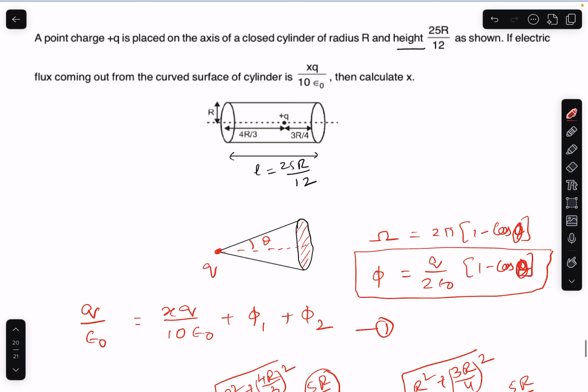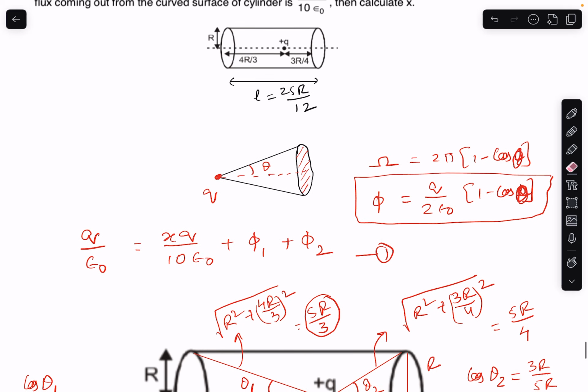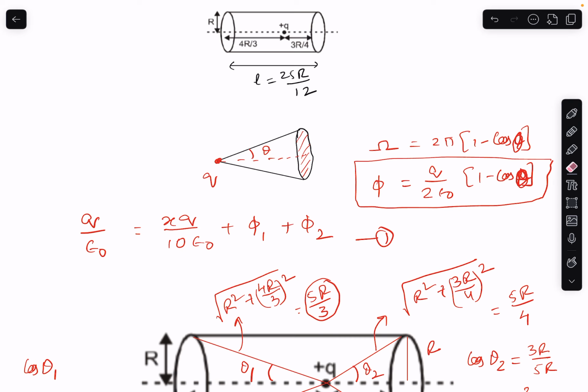You can go through it once. In fact, for any surface, not only a circular surface, if you join all the points on the periphery of the surface to any charge Q, it will subtend a conical volume. The two-dimensional angle θ is related to the solid angle Ω by this equation, and from there we can calculate the flux.